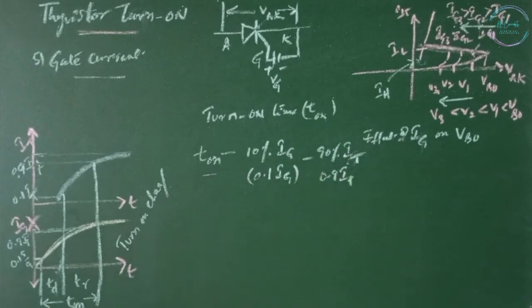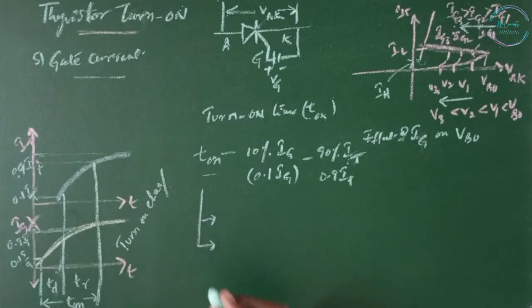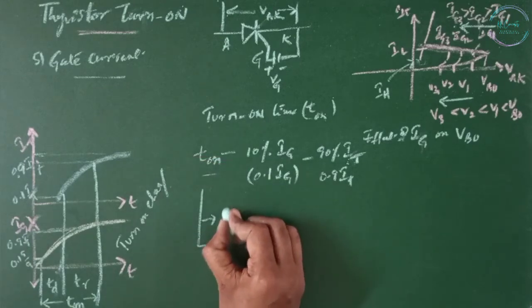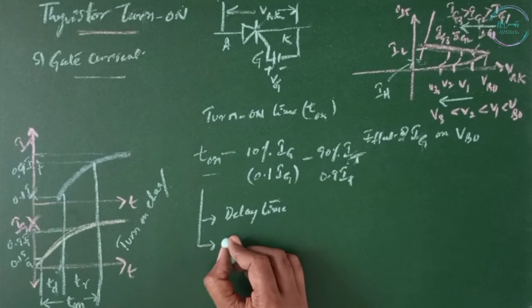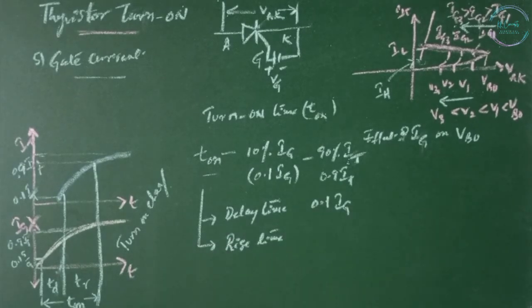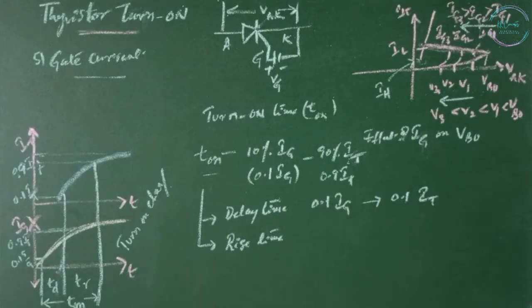The turn on time is again divided into two parts, and by adding these two parts we can get the turn on time, that is a delay time and a rise time. Delay time is from 10% of the steady state gate current to 10% of the thyristor on state current.